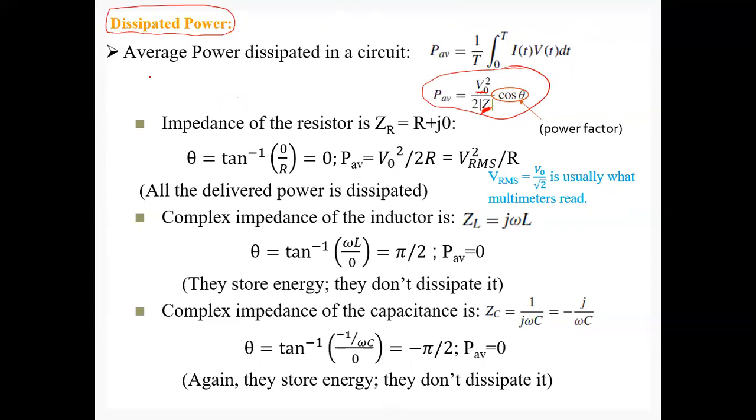So what is your ZR? ZR is R. ZL is given here. See, ZL is this, and ZC is this, right? You know what your Z is, okay?